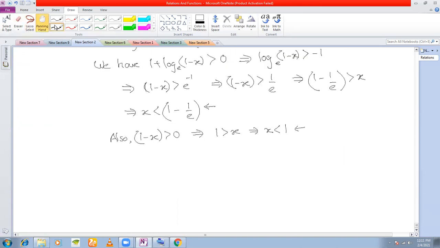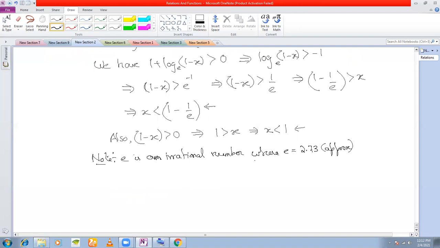Now what you must note here is that e is an irrational number. Remember always, e is approximately 2.73.